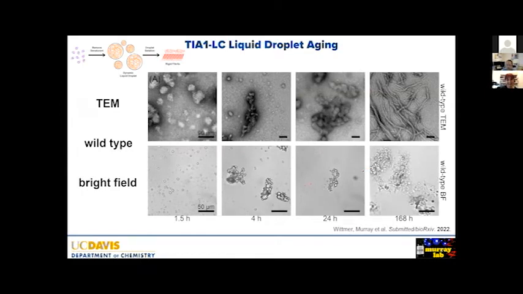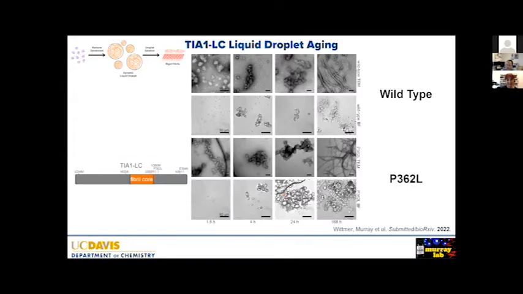So this is some negatively stained transmission electron microscopy and some bright field microscope images of the wild type protein going through the aging process. And you can see, similar to the TDP43 case, we had the loss of liquid droplet structures with increasing amounts of molecular order, resulting in these fibril-like structures in the upper right, shown here.